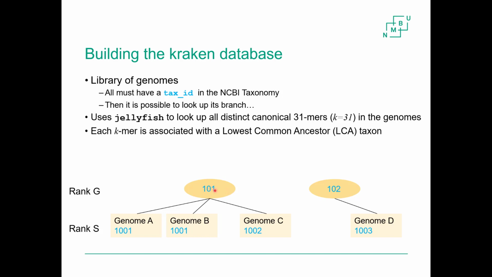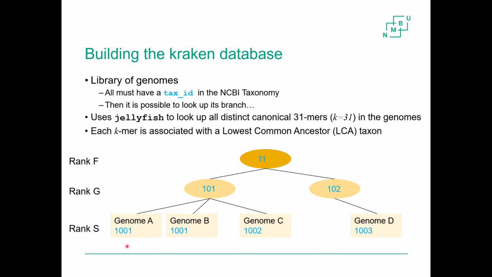And then, of course, all genera belong to some family, and all families belong to some orders, and so on. But this continues up to the root: order, then class, then phylum, kingdom, and so on.